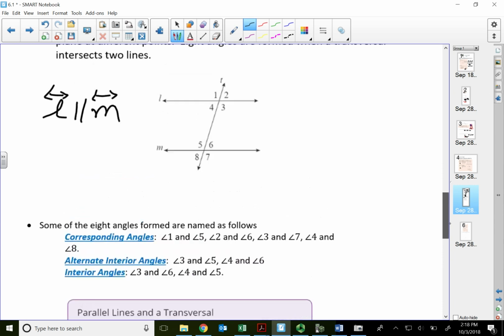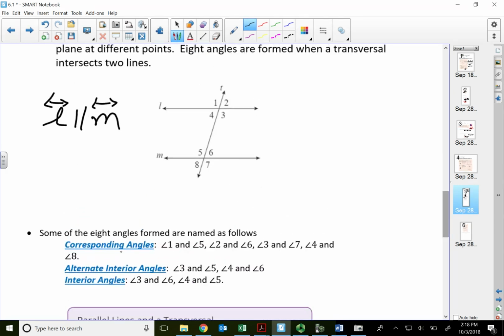Corresponding angles are referring to angles sitting at a similar position between the 2 lines, L and M, compared to transversal T.